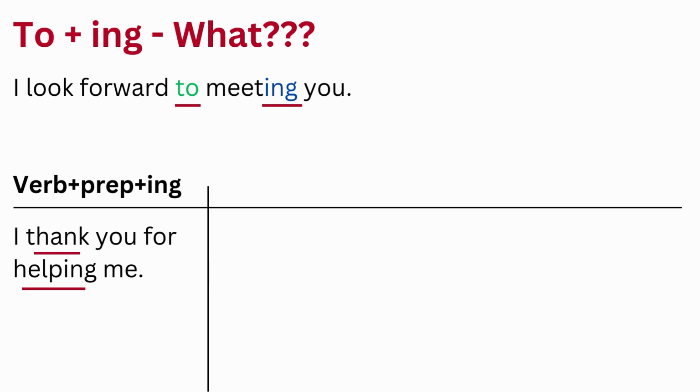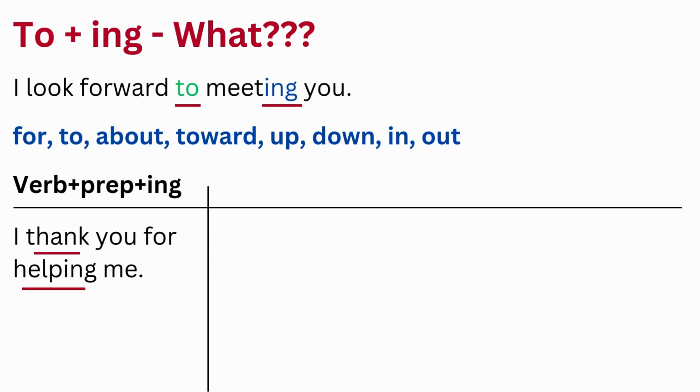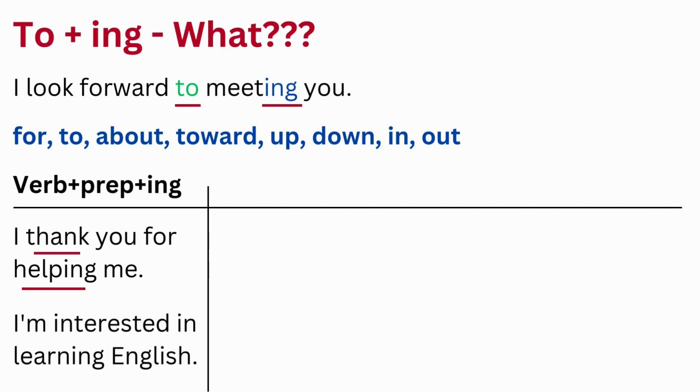Anytime you have a preposition between the first verb and the second, you are going to use "ing". A preposition is a word like for, to, about, toward, up, down, in, out. All of these words that tell us where something is located. These are called prepositions. So whenever you see a preposition after a verb, the next verb is going to end in "ing". For example, I thank you for helping me.